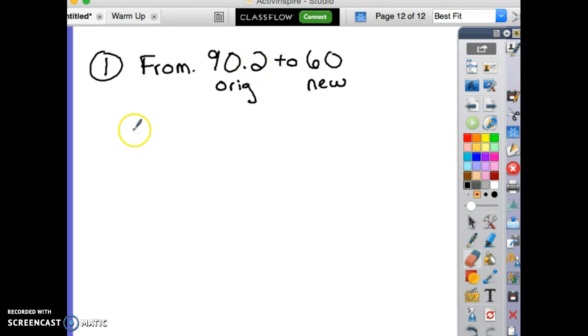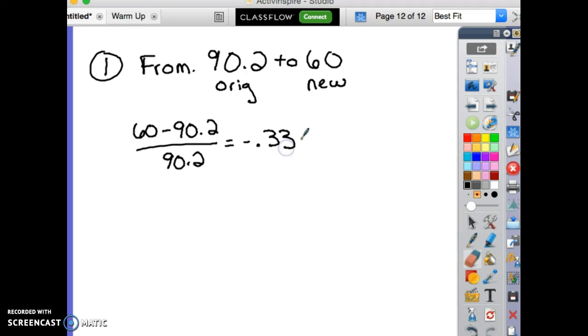Using the old formula, we take new minus old divided by old. So 60 minus 90.2, hit enter, divide by 90.2, you get a negative 0.33, which is a 33% decrease.